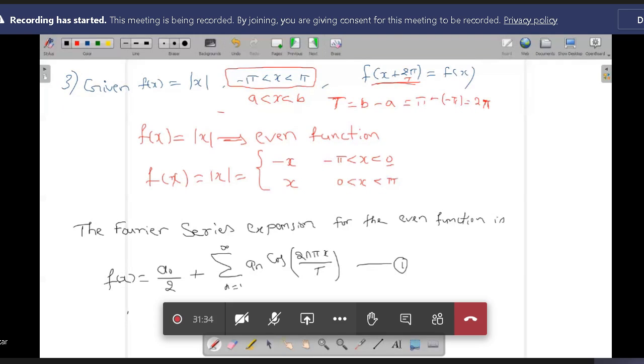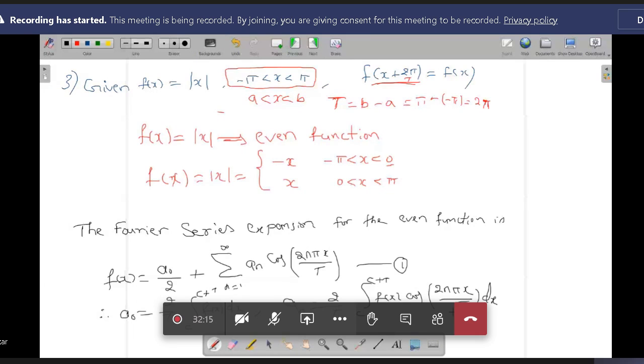And the definition of a naught is 2 by t integration from c to c plus t f of x dx, and similarly an is 2 by t integration from c to c plus t f of x into cos 2n pi x by t into dx.